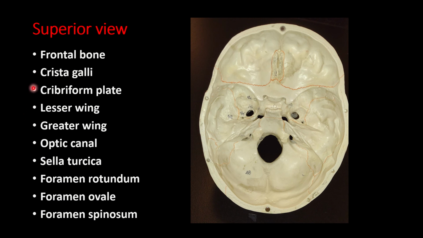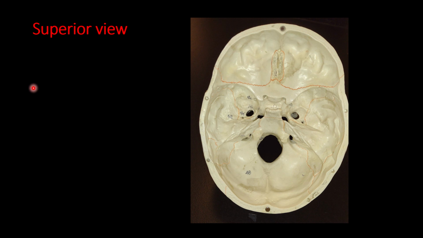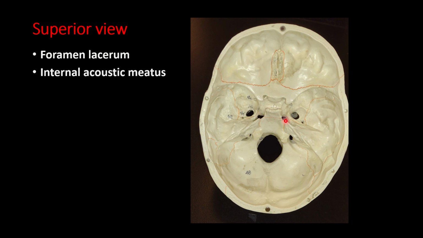These 2 are part of the ethmoid. In the middle is foramen lacerum. Foramen lacerum is located between 3 different bones. This is the sphenoid bone, this is the temporal bone, and this is the occipital bone. So in between the 3 bones.